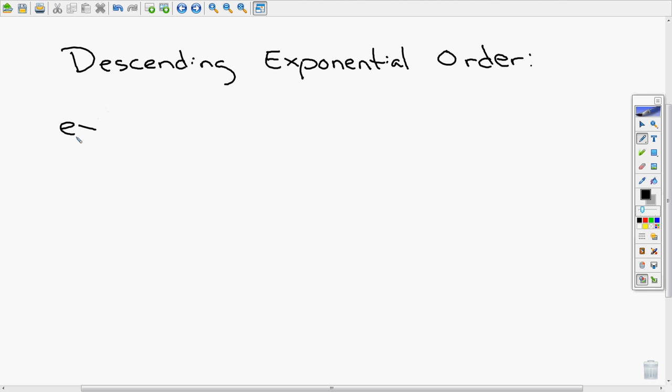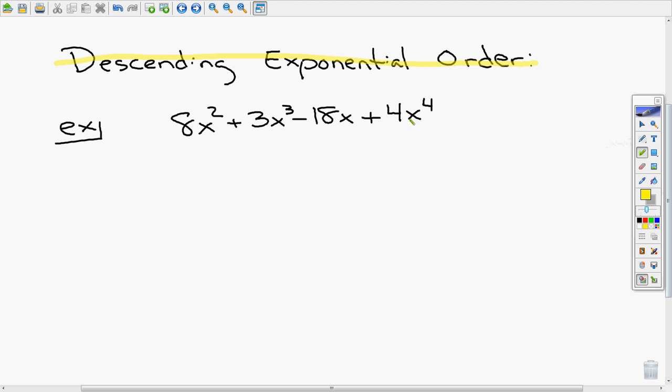So for example, if this was a polynomial, 8x to the second plus 3x to the third minus 8x, let's make that 18x so it's a little easier to differentiate, and then plus 4x to the fourth. And let's put that in descending exponential order. The way we do it is we'd put it in order from the biggest exponent to the smallest.